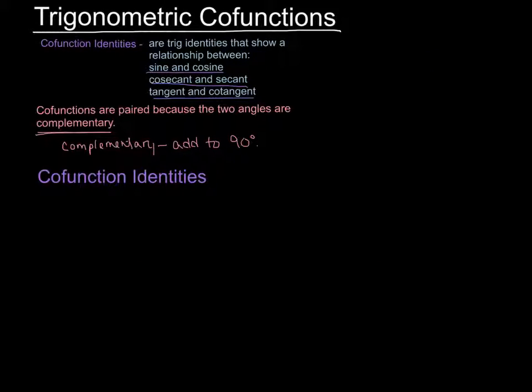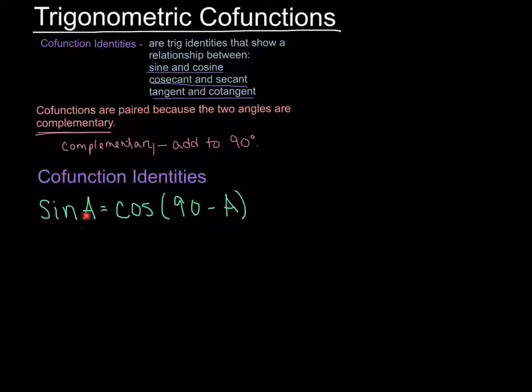So if I write out the cofunction identities, I have first the sine and the cosine pair. So if I have sine of an angle, it would equal the cosine of 90 minus that angle.